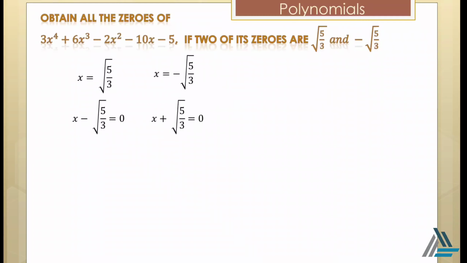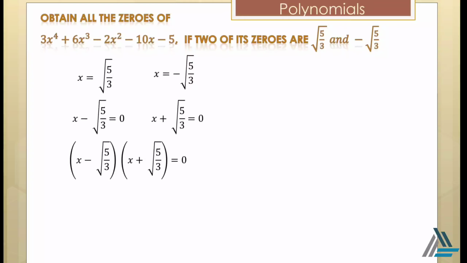Here we get two factors of our given polynomial, and if we multiply these two factors, we get a quadratic polynomial which is also a factor of the given polynomial of degree 4. Let's multiply.